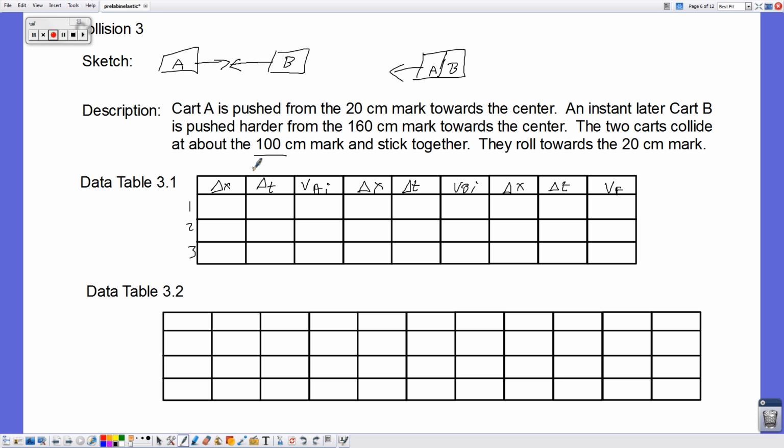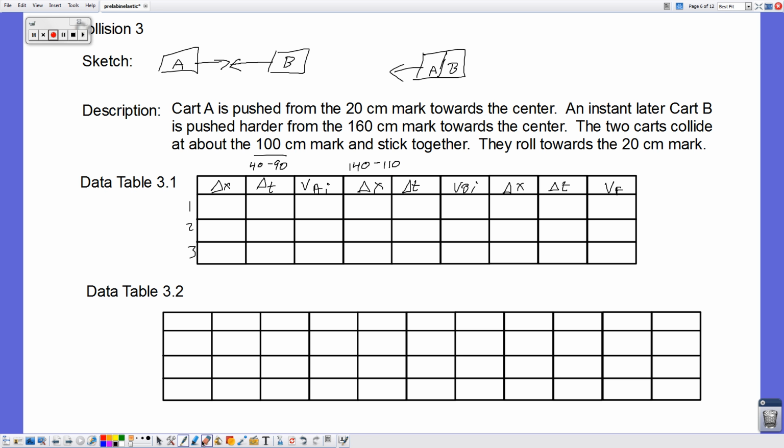Where, again, this one is going to be 40 to 90. This one is going to be... that's what my notes say, but that's still wrong.